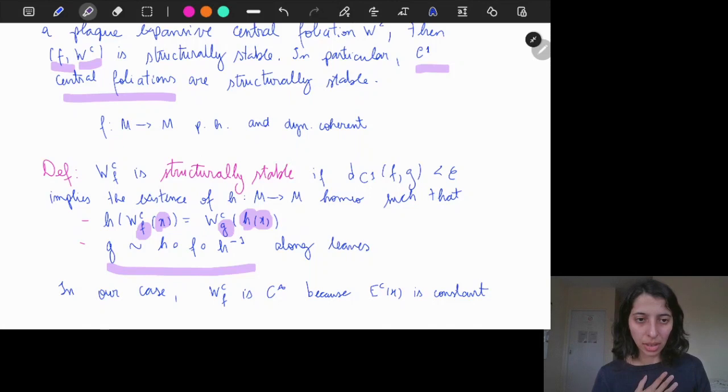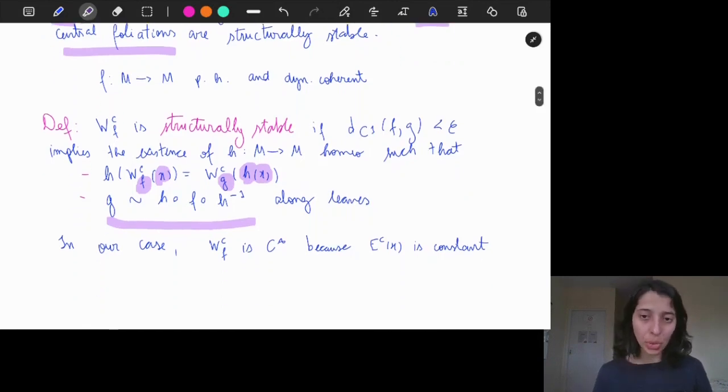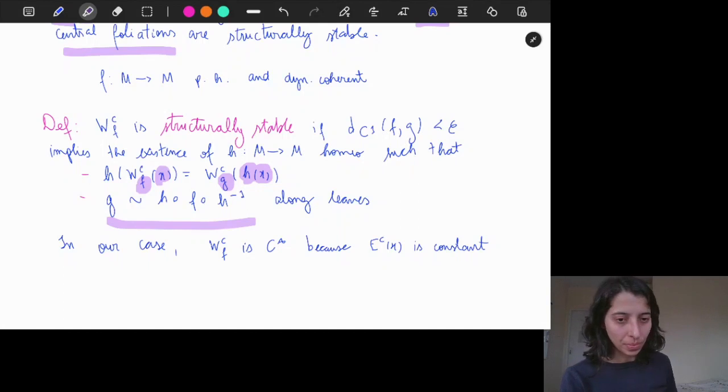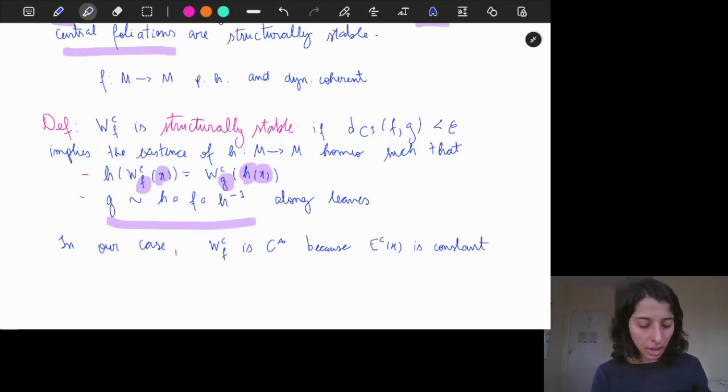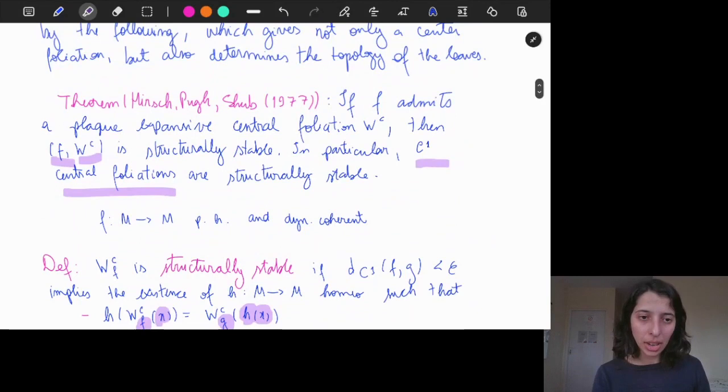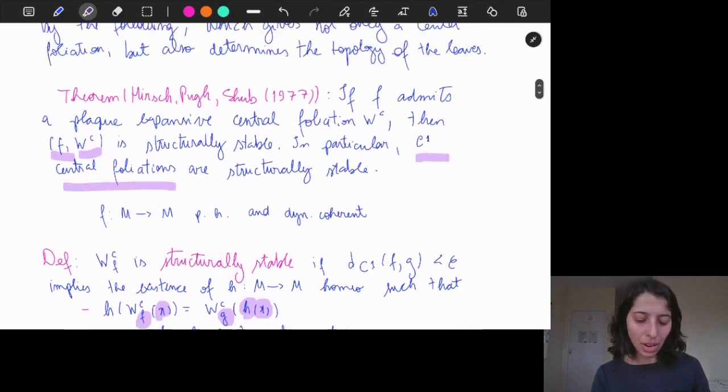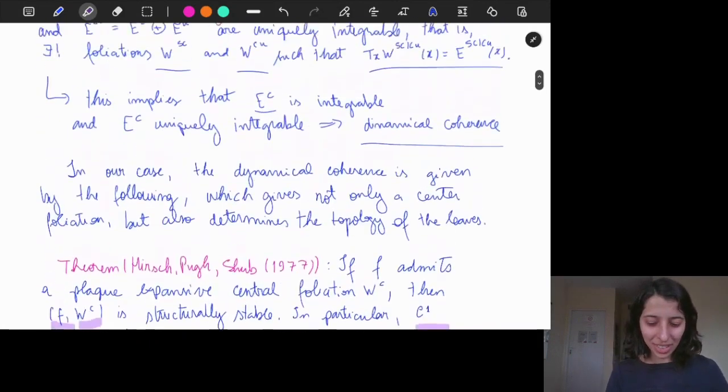So this is a topological conjugacy between the dynamics on the leaves and the leaves themselves. And this is true in our case because, as we'll see later, our center foliations will be smooth. So we can apply this theorem here, and we have this stability. So I'm just announcing it now for using later.